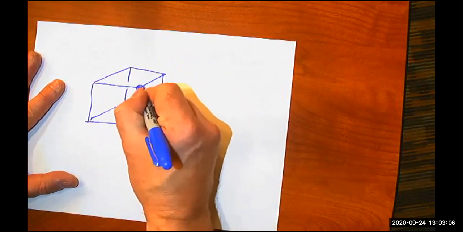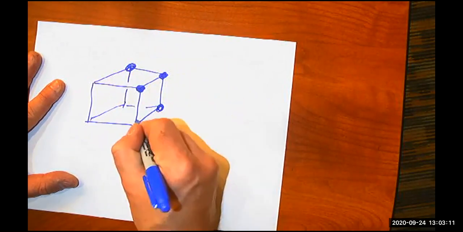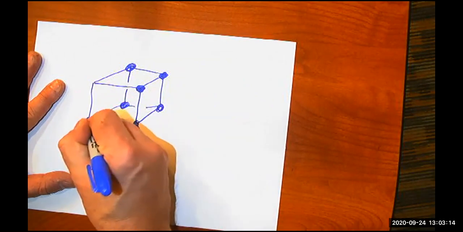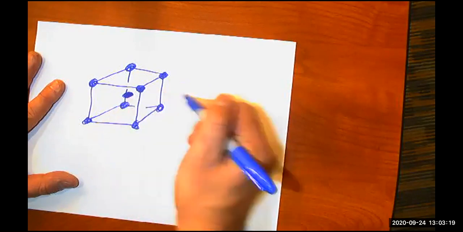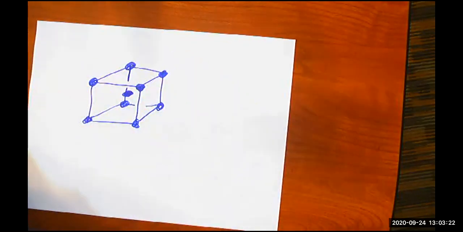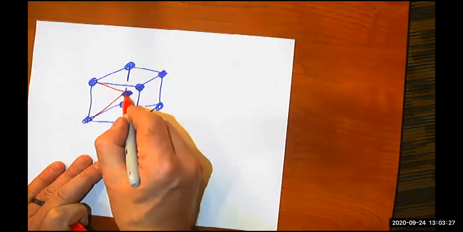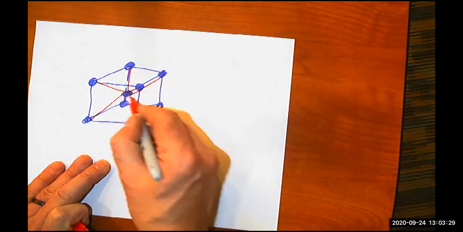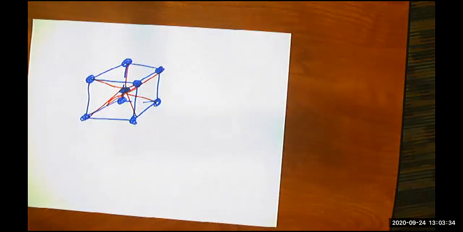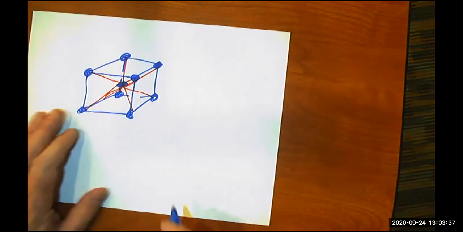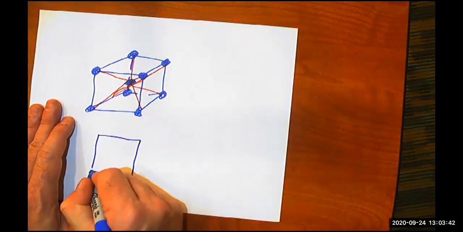We have an anion at each corner, and we have an anion dead center, if we draw the connecting lines. The second way to draw it is the space-filling picture, which is certainly harder to draw.